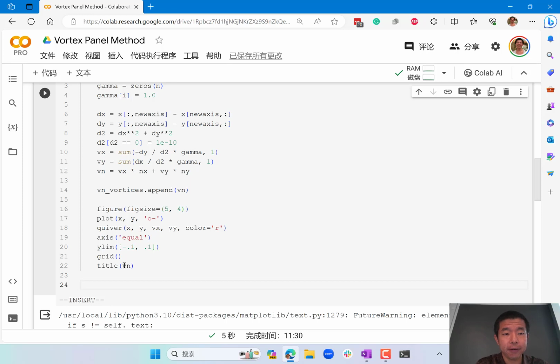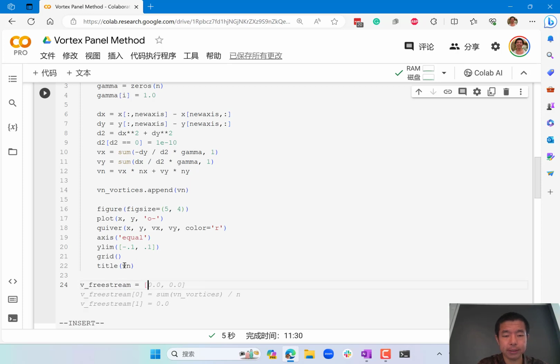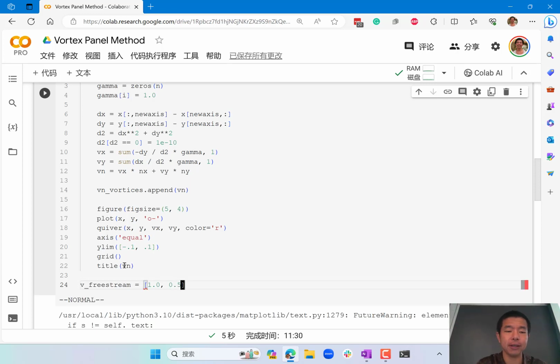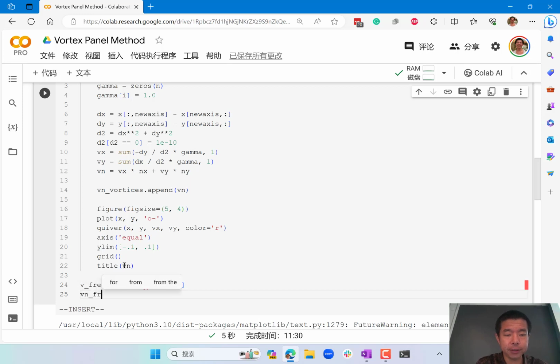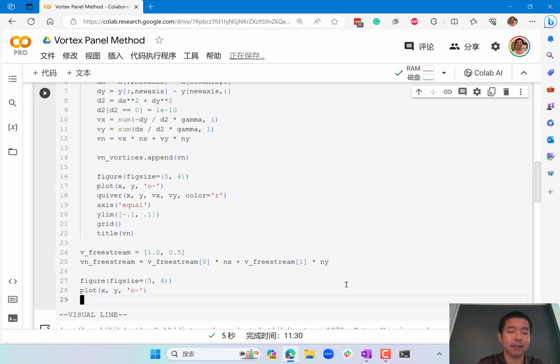So let's say V free stream Vx is equal to 1, and let's put a vertical component of 0.5. Then Vn free stream would be V free stream 0 times nx plus V free stream 1 times ny.